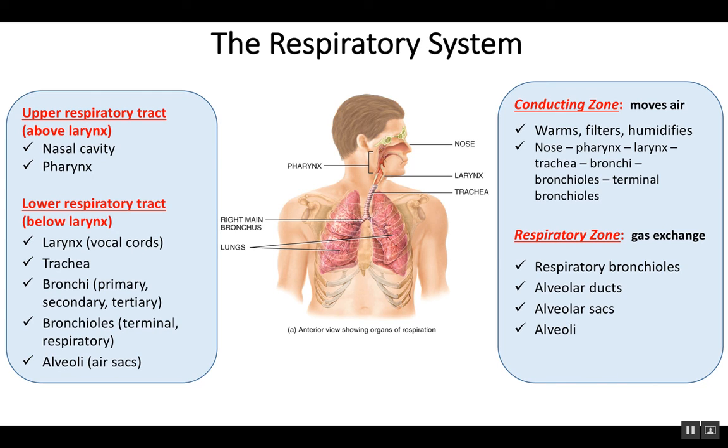And then each individual air sac is known as an alveolus or alveoli for plural. So these are areas of the tract that we can actually do gas exchange between the air in the lungs in these structures and blood in the pulmonary capillaries.